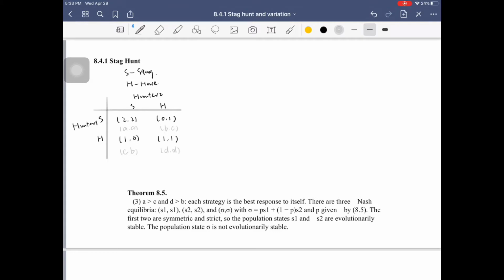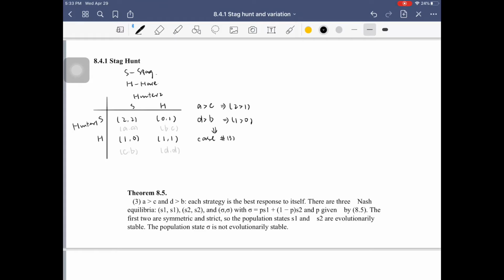So under this case, we can see that it is the third case of theorem 8.5, which is A is greater than C and D is greater than B, which is 2 greater than 1 and 1 greater than 0. It's case number 3.